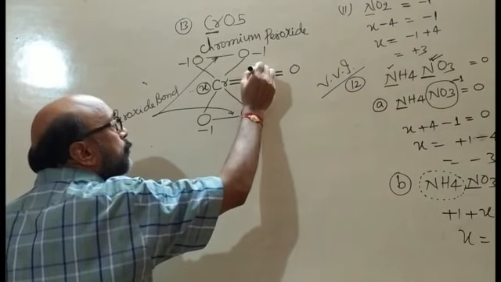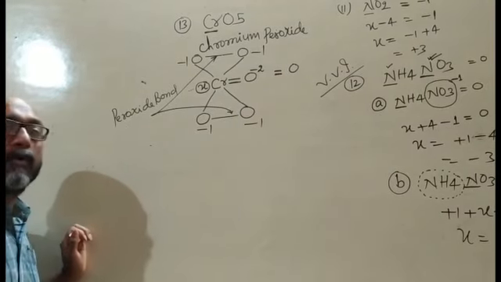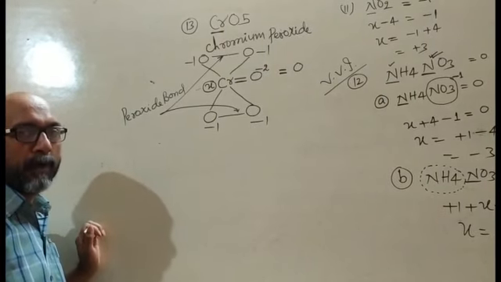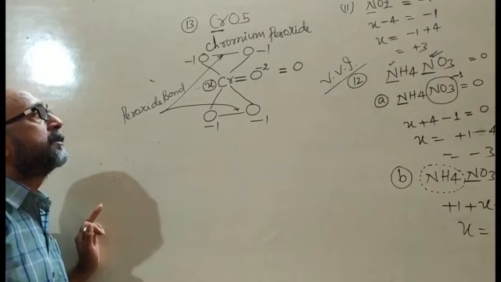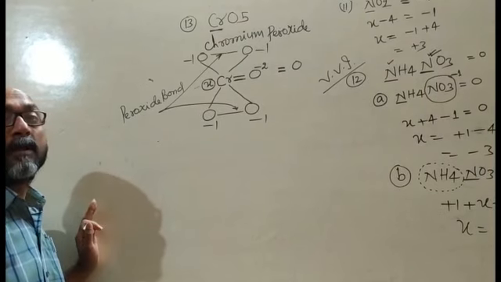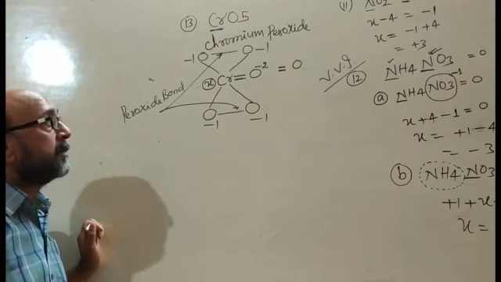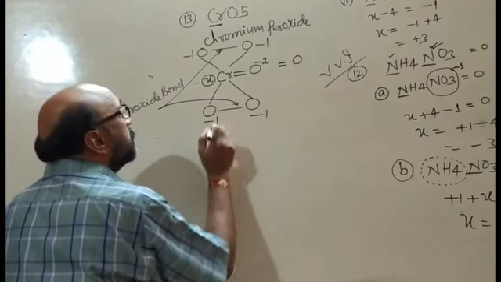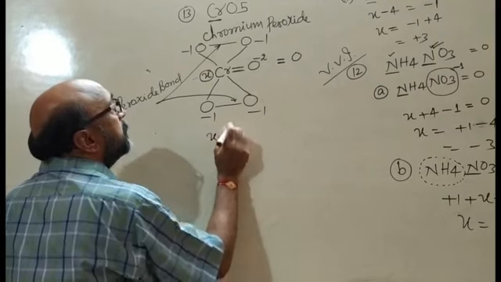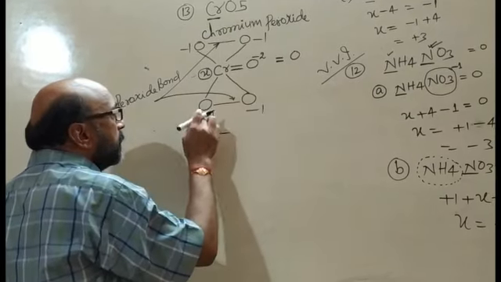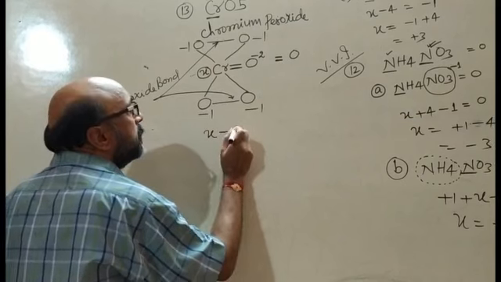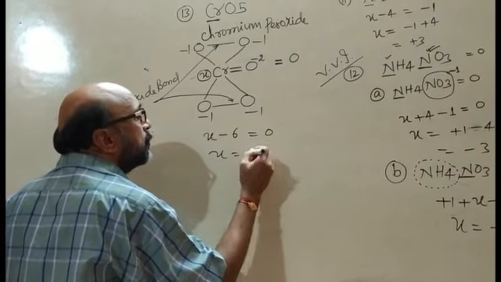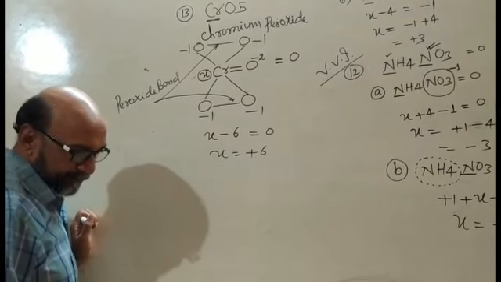But -2 for this oxygen atom, because it is a general oxygen atom linked with a double bond to chromium, which is not an oxygen atom of a peroxide bond. The total is -1, -1, -1, -1, -2, which means -6, plus X is equal to 0, therefore X is equal to +6.